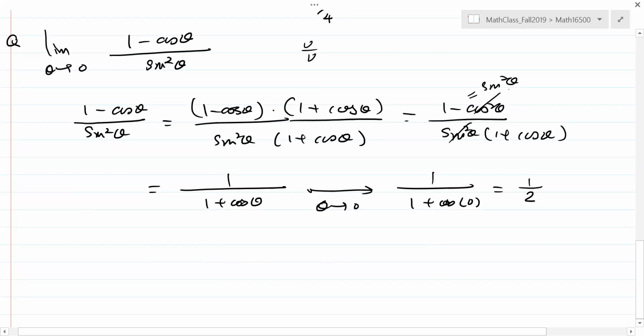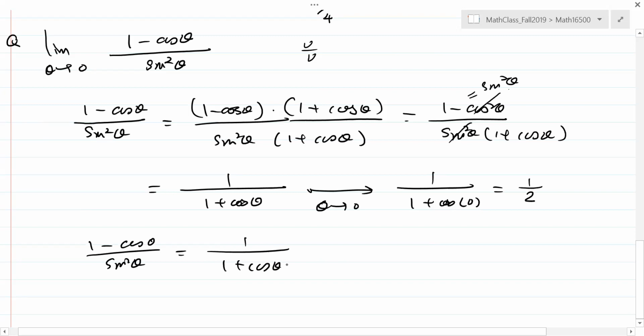So the original expression is harder to read, and you rewrite it, just changing the form of the expression.